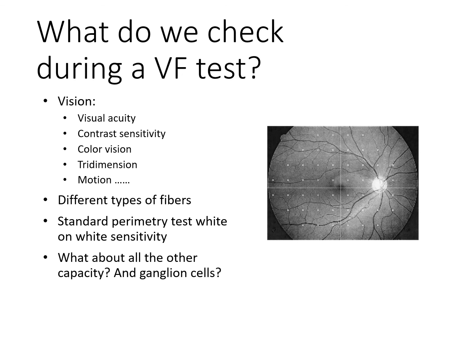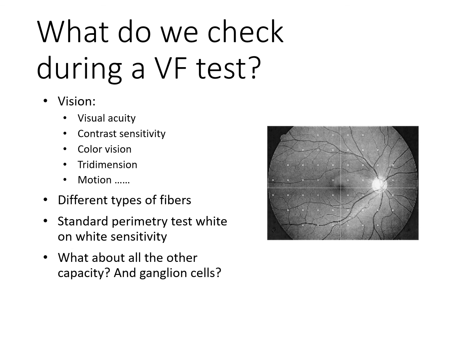We have seen until now the problems due to the anatomy, to the structure, but there are also some problems due to the visual field. When we test vision, we have different ways to test. We have visual acuity, contrast sensitivity, color vision, and so on. There are many other ways to assess the visual function. And we know that there are different types of fiber in our retina.